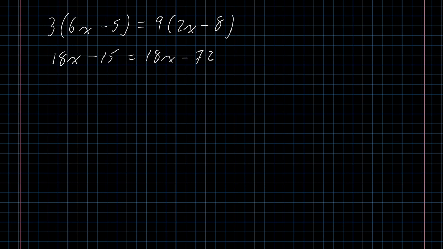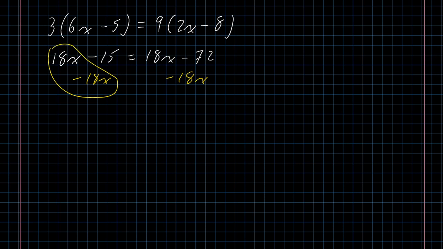I now have x on both sides of the equation. That's an issue. That's something that I want to address here. And so I'll subtract 18x on the left and on the right. And then something a little bit weird happens. I've got 18x minus 18x on the left-hand side.